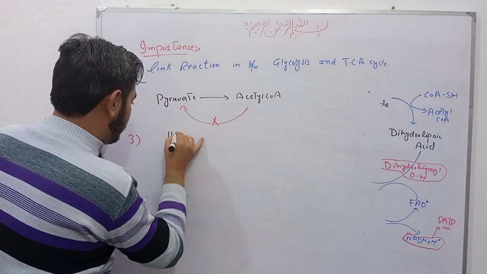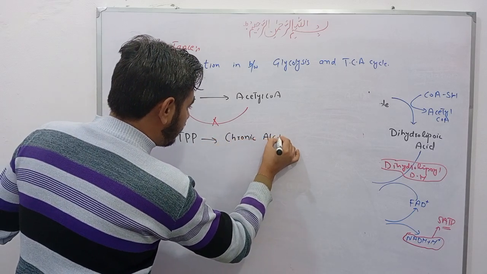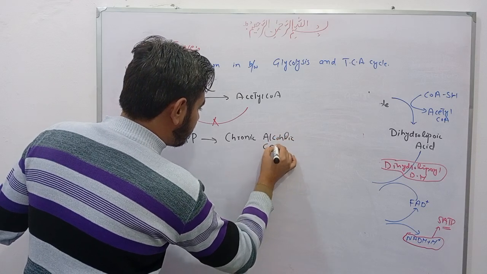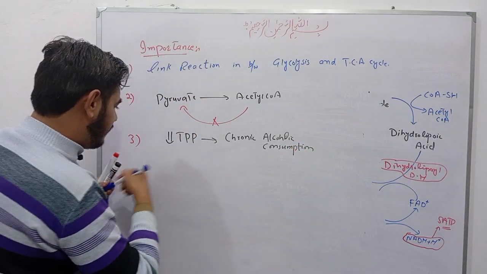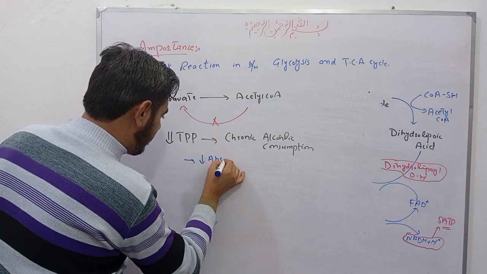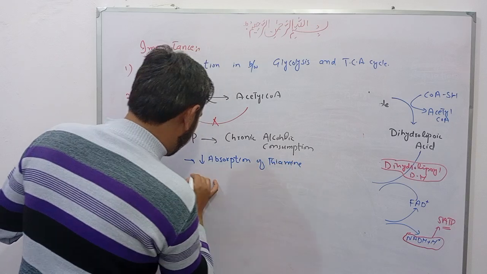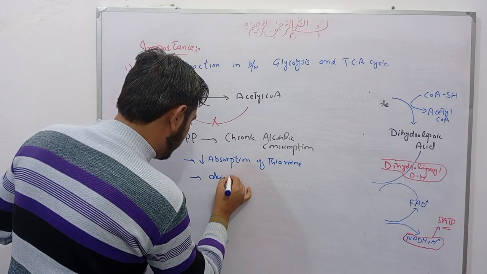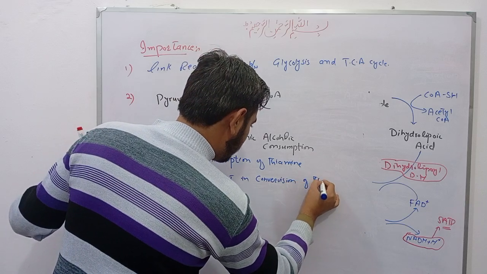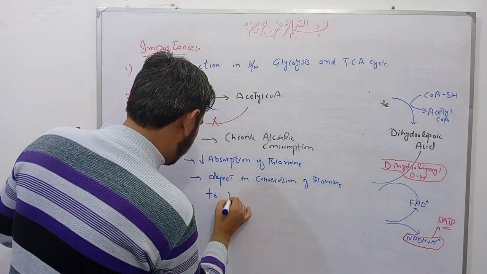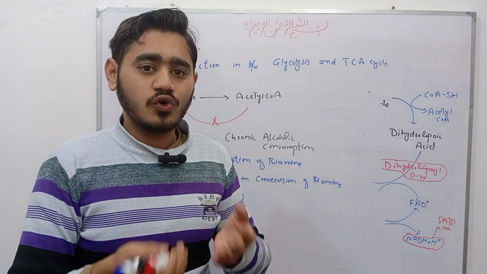The deficiency of thiamine pyrophosphate due to chronic alcoholic consumption leads to a defect in absorption of thiamine, and it leads to a defect in conversion of thiamine to thiamine pyrophosphate, and it leads to a disorder, that is Wernicke-Korsakoff syndrome.